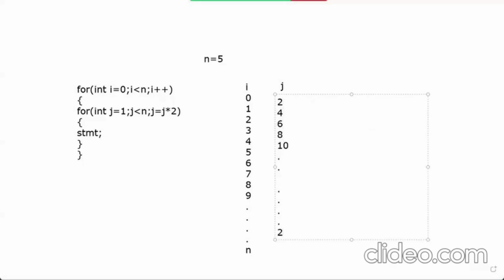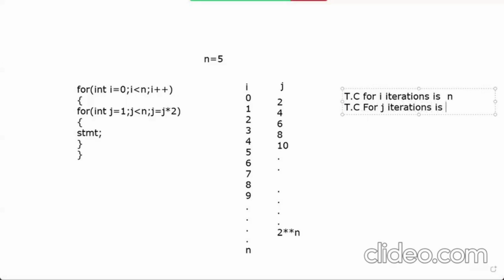As we have seen this example already, the time complexity for i iterations is n times. Then the time complexity for j iterations is big O of log n.